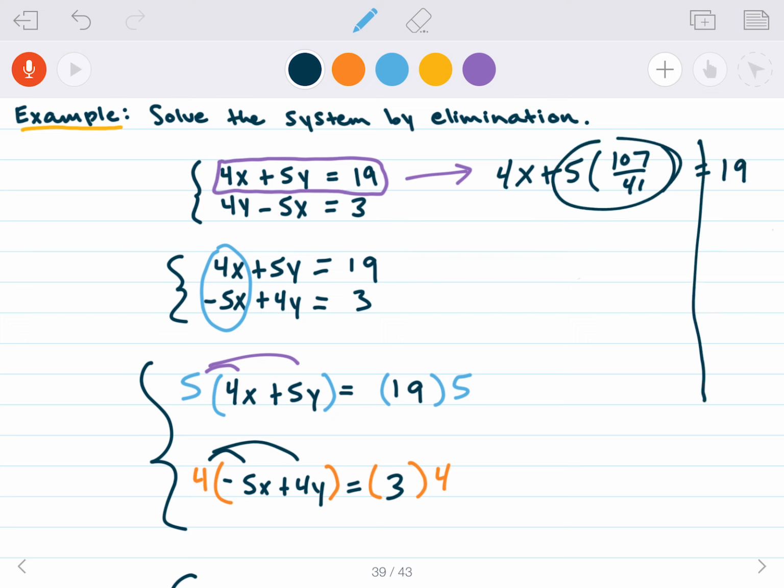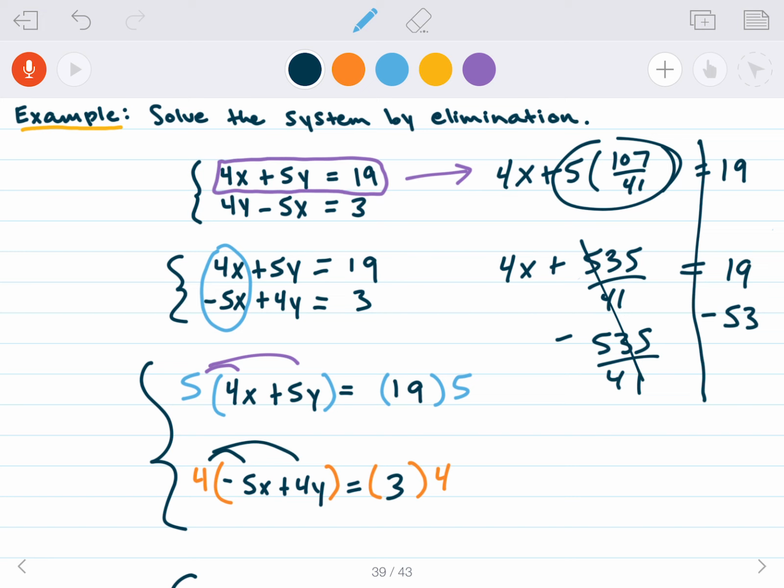So when I do this multiplication, 5 times 107 over 41, I get an ugly number, 4x plus 535 over 41 equals 19. I'll go ahead and subtract this ugly 535 over 41 from both sides. So I get 19 minus that.